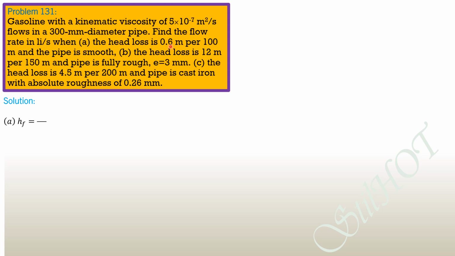So HF equals FL over D times velocity head, and the head loss is 0.6, so F times 100 over diameter 0.3 times velocity head. Then we can set up the formula for FV squared. So FV squared equals 0.035316.